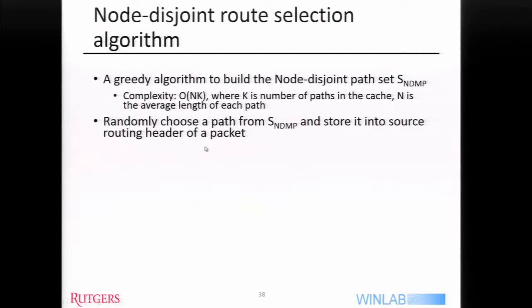For each packet, the source will randomly choose a path from this node distron path set and then send it to the destination. Because we use source routing, it just puts the route into the source header, and then this packet will be routed to the destination.